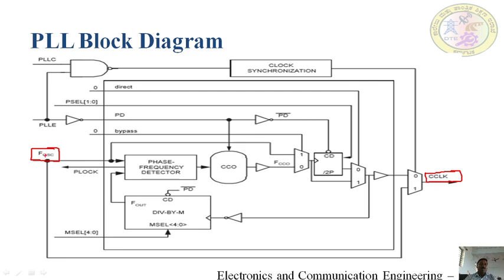Now this is the input clock oscillator frequency, and this is the CPU clock, that is the system clock, and M and P are the parameters, where P is the divider and M is the multiplier. This is the CCO, current controlled oscillator. The phase detector sees the phase difference between the output clock signal and the input oscillator frequency signal.